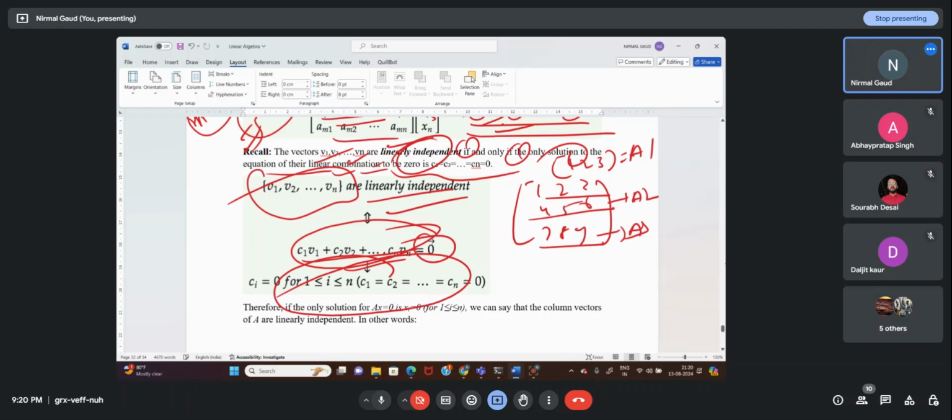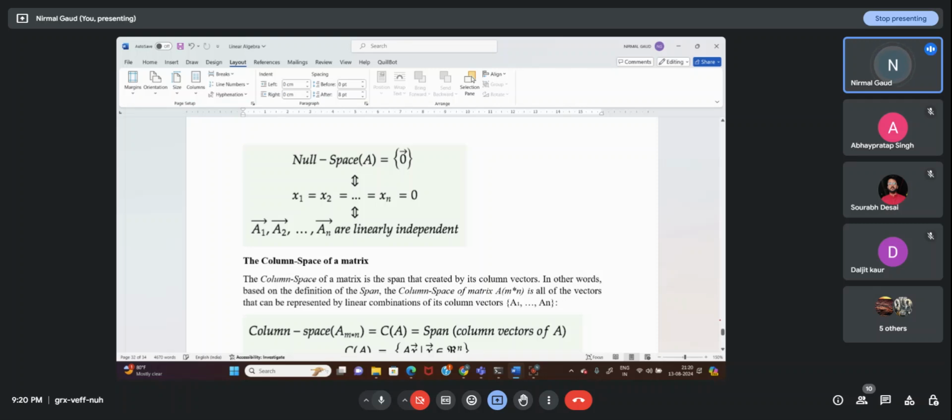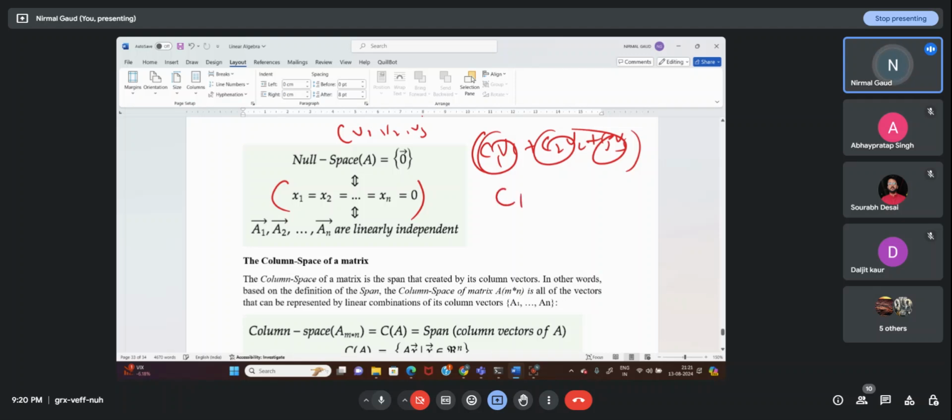That's the maths of it. For that, this should have to be zero, because according to the span, the vectors are c1 v1, c2 v2, c3 v3. If v1 v2 v3 span, this is what is followed. So if you want to make them linearly independent, then c1, c2, c3 should all be zero, and only then will it give the zero vector. Then only it will be linearly independent.